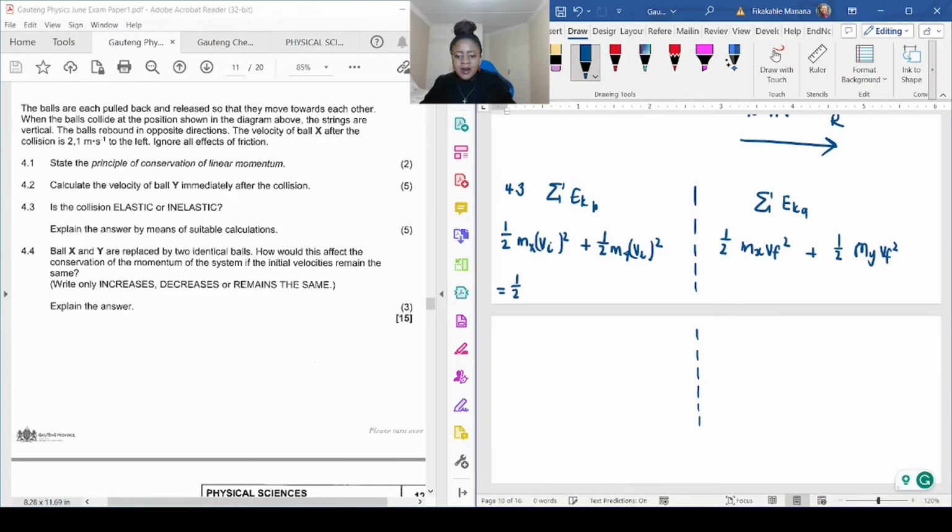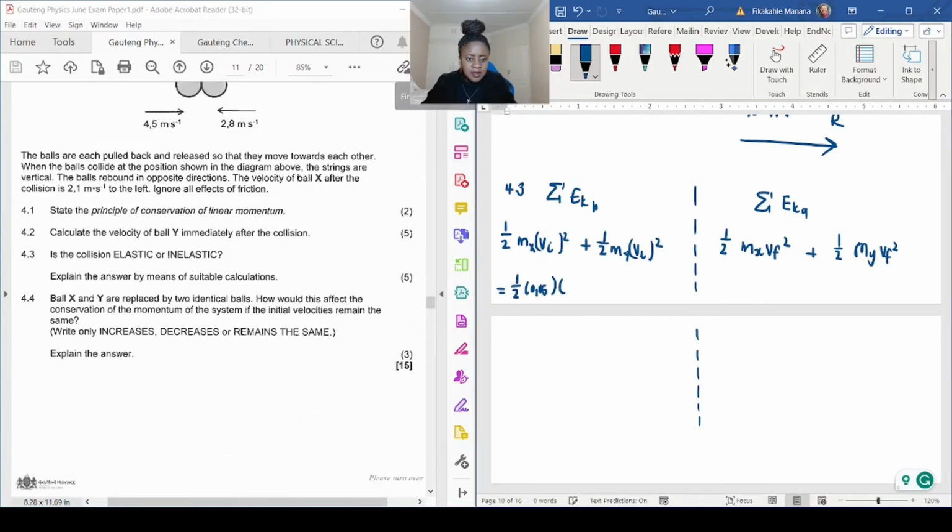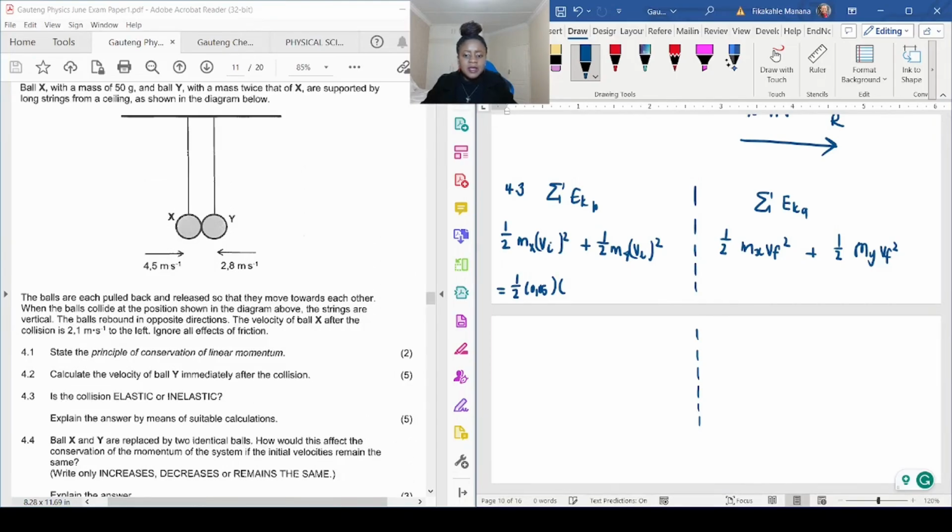Okay, so we have half times 0.05. The initial velocity, I forgot, let's just look at our sketch over here. It's positive 4.5, but it doesn't matter because we're squaring it either way. And then for y, we had 0.1. Our initial velocity was negative 2.8, but we're squaring it.